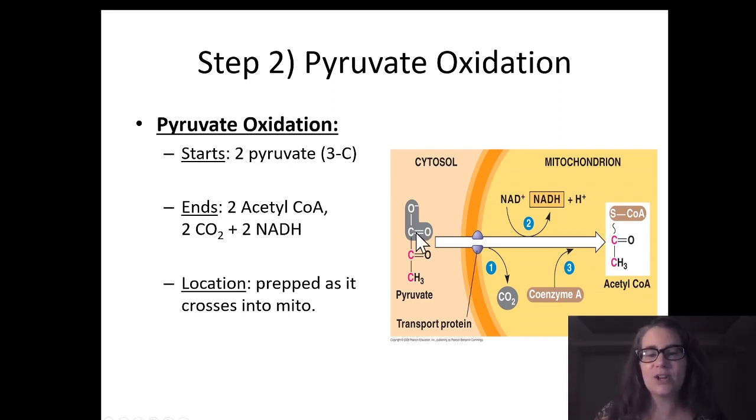So again, we started with our 3-carbon pieces called pyruvates. We send each through this reaction, so we're actually doing this twice. We're making a total of 2 acetyl-CoAs, 1 for each pyruvate, a couple of CO2s, and a couple of electron carriers. This reaction happens as the pyruvate is crossing into the mitochondria.